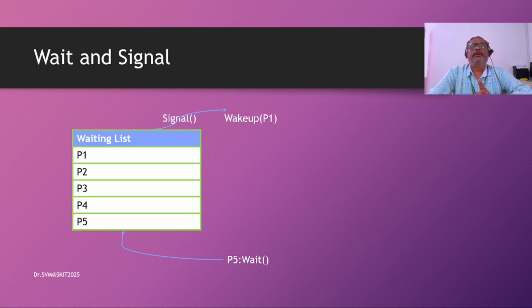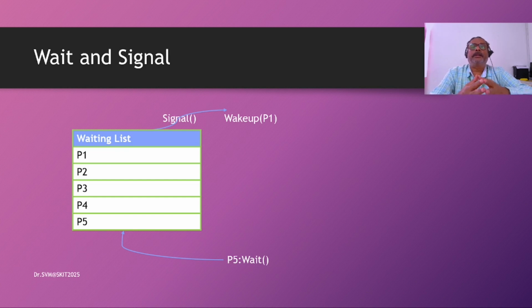So each semaphore will have a queue, and each shared resource will have a semaphore. So depending on the number of instances of the shared resources, the value of semaphore will be fixed. It may be counting type or binary type, and if it is counting type, then that's what happens.